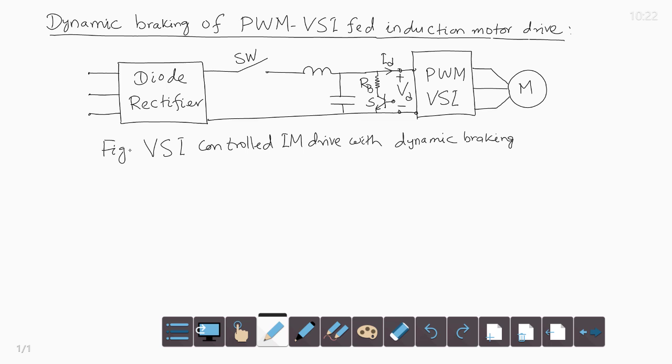So, this is the figure of VSI controlled induction motor drive with dynamic braking facility. When operation of the induction motor is to be shifted from motoring mode to dynamic braking mode, first switch SW is opened.